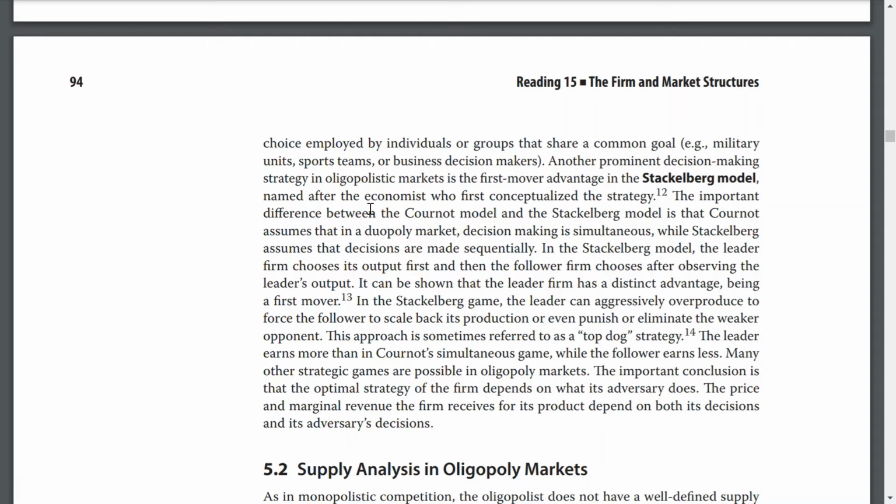The important difference between the Cournot model and the Stackelberg model is that the Cournot assumes that in a duopoly market decision-making is simultaneous, while Stackelberg assumes that decisions are made sequentially. In a Stackelberg model, the leader firm chooses the output.